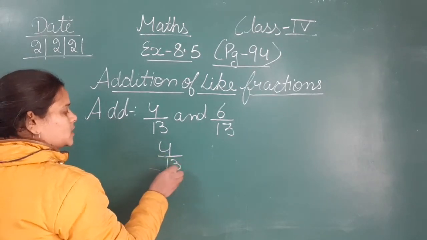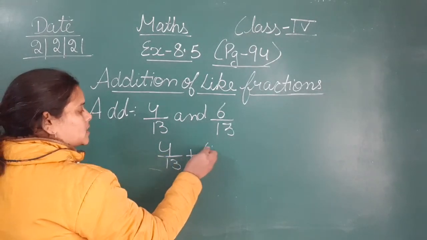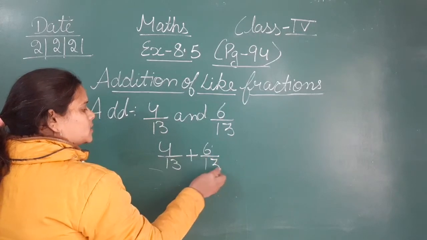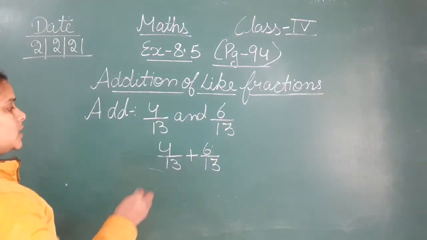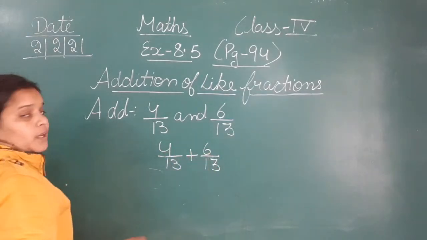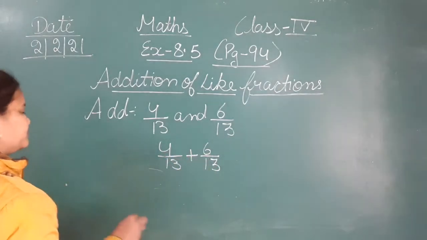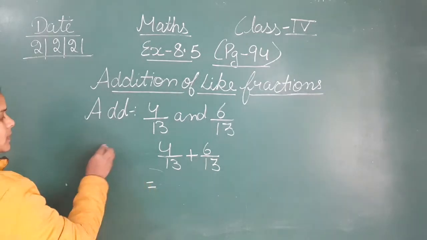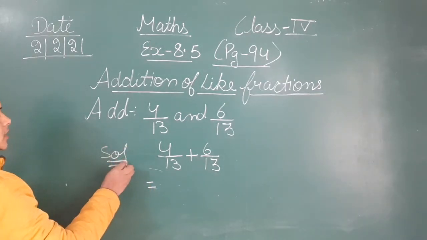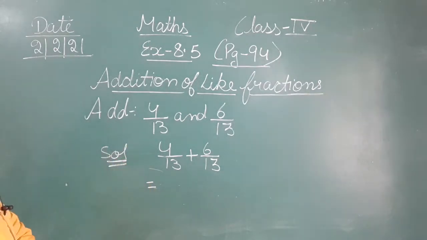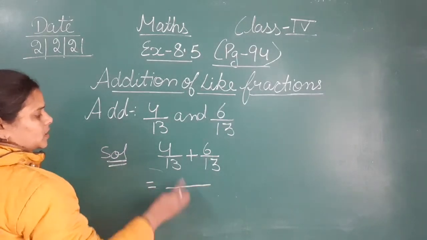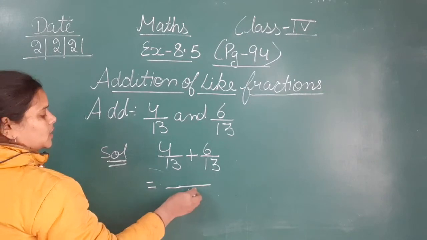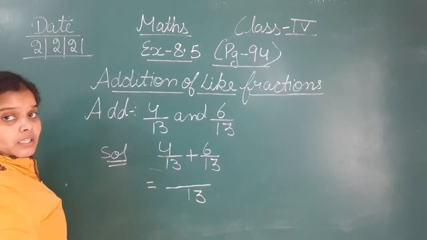4 upon 13 plus 6 upon 13. Okay. So let's add them. This is the solution. 4 upon 13 plus 6 upon 13. First of all, we will take the common denominator for both fractions, that is 13.